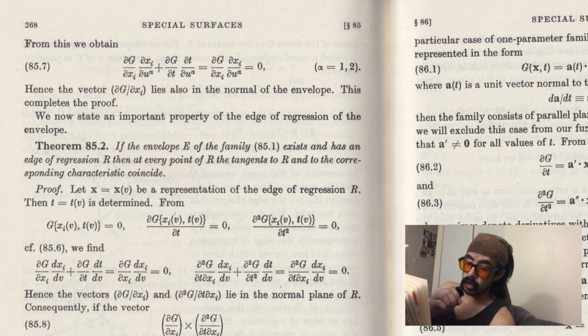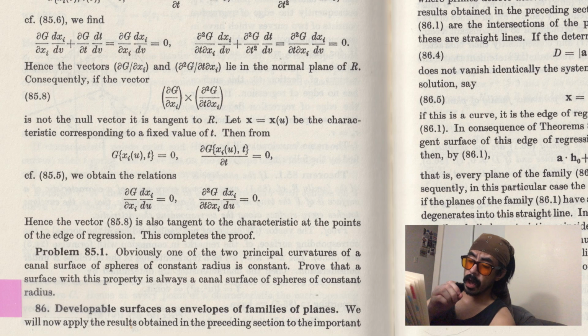Again, refer back to expression 85.6 above, previously read, rather. Now we find that partial g partial xi times dxi dv plus partial g partial t times dt dv equals partial g partial xi times dxi dv, which equals 0.